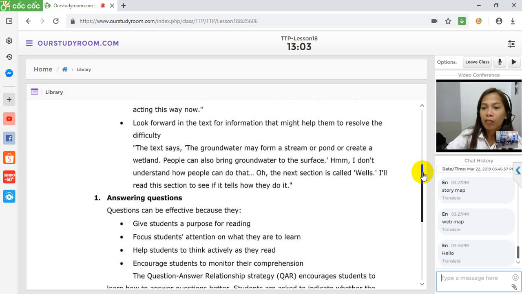The second question requires the student to think and find the answer. Example: teacher asks, what does your father do? Student answers, my father is a doctor.